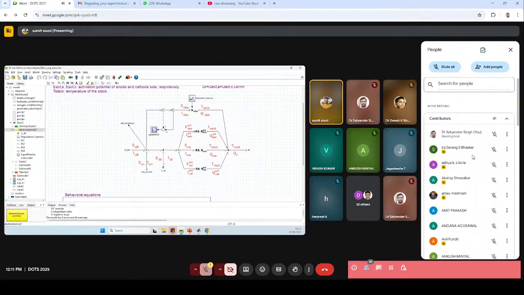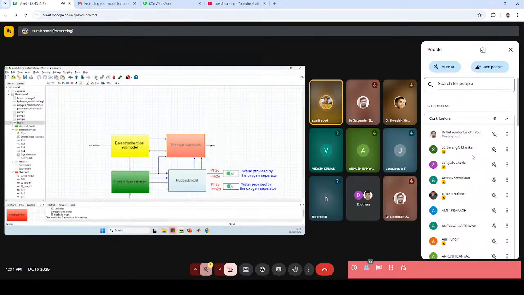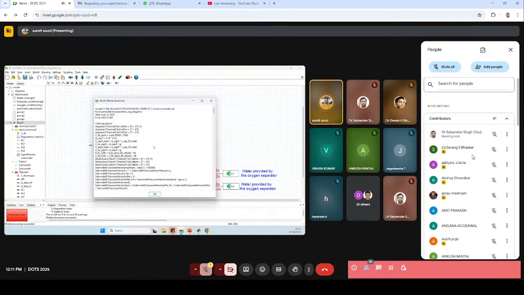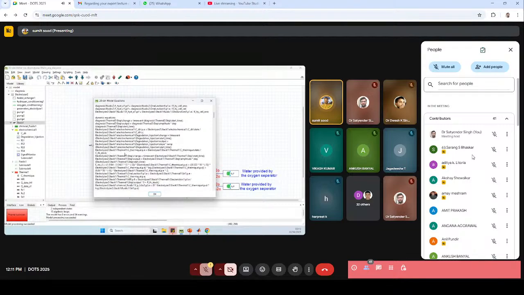For each subcomponent, there could be bond graph models inside. For example, when we process this model and go and see these equations, you can see there are a lot of equations. You can see how many equations there are, and they are also segregated into static equations and dynamic equations.